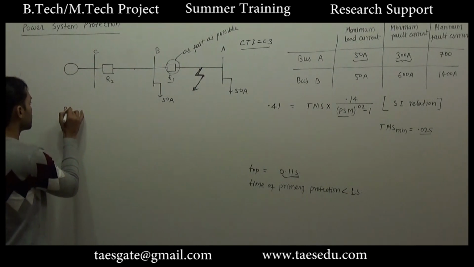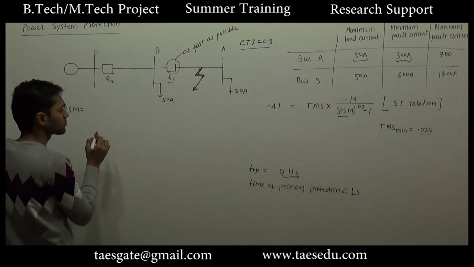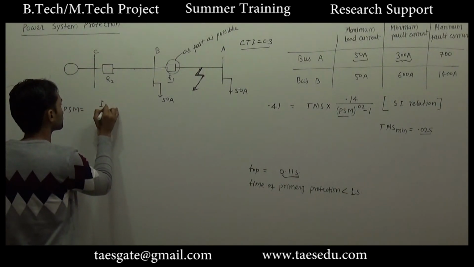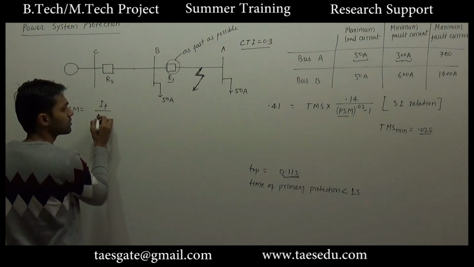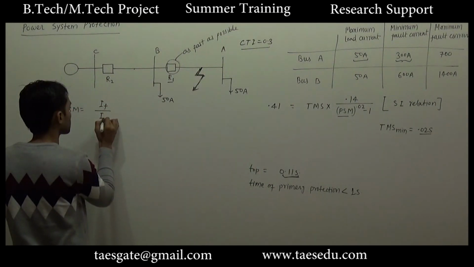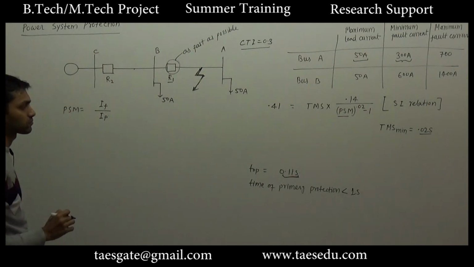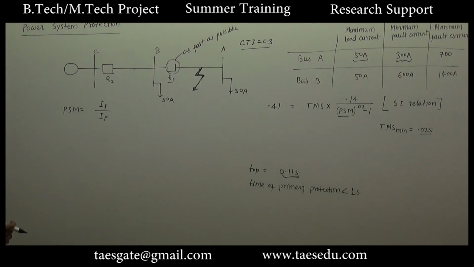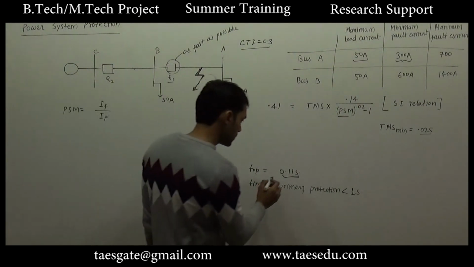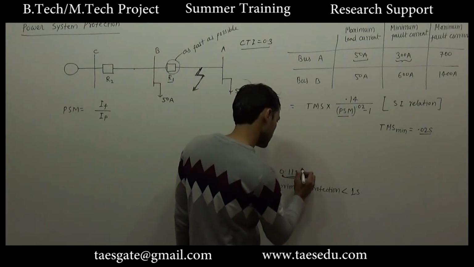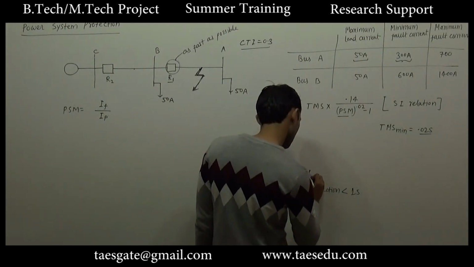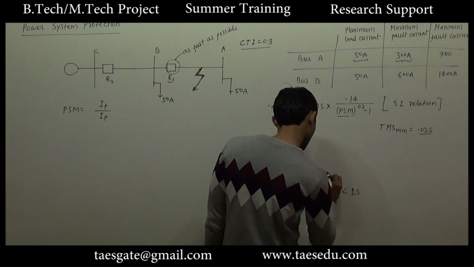So plug setting multiplier is nothing but fault current divided by pickup current. And remember, the time 0.11 second is the operation time for maximum fault current.